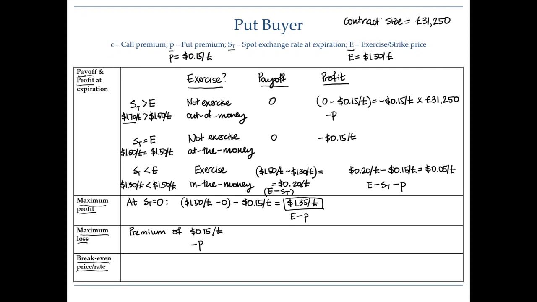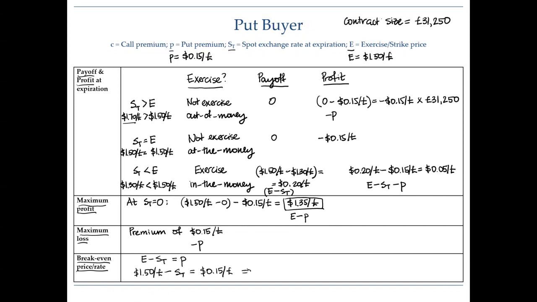Then at what future spot rate will you break even as a put option buyer? In other words, you do not make money, you do not lose money. So we can actually solve for this. What you're solving is at what future rate the positive payoff we make from exercising this contract is the same as the premium. Our exercise rate happens to be $1.50, so we solve for that future spot rate that will generate a positive payoff of 15 cents per pound to cover our premium.